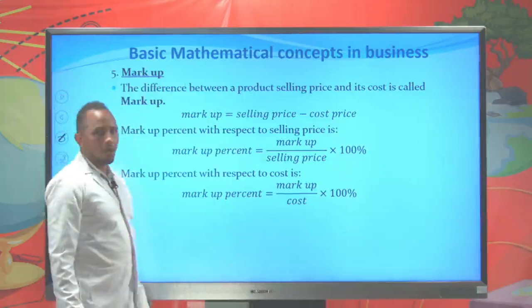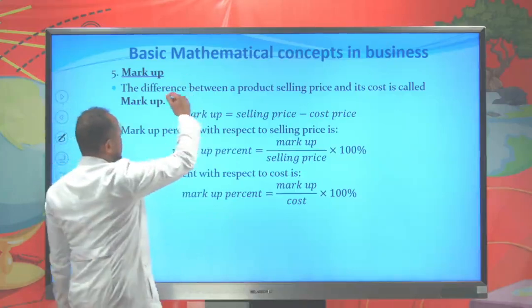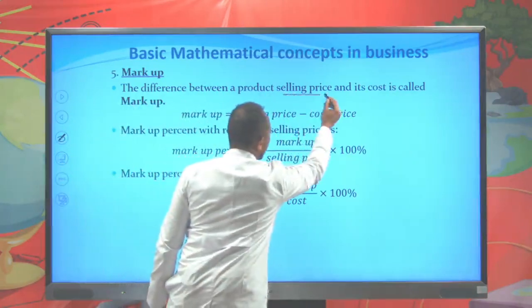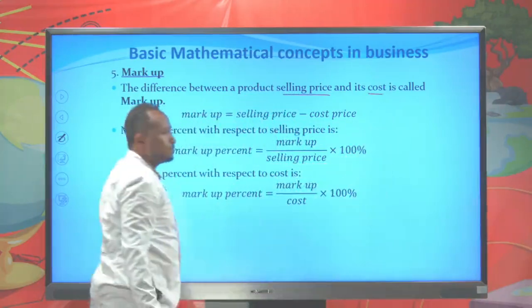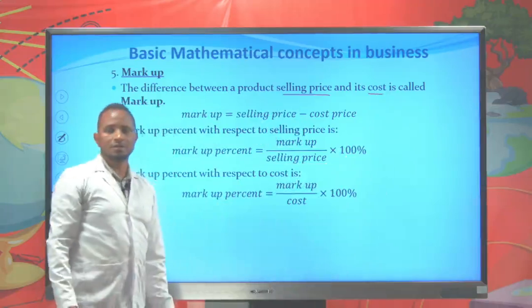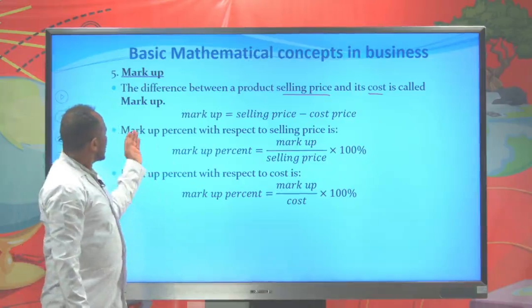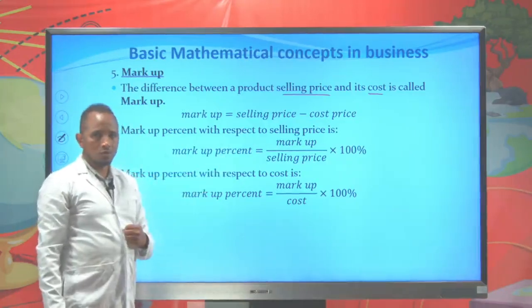Okay, now let's see markup. Markup is the difference between a product's selling price and its cost price. The difference between selling price and cost price gives you markup. So we can calculate markup percent with respect to selling price and with respect to cost.